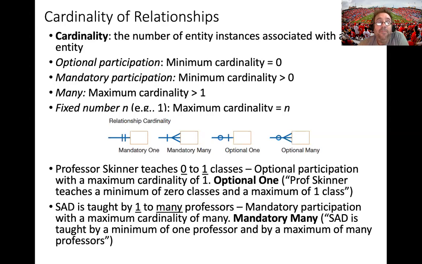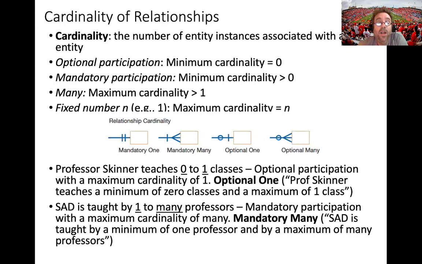A many is where the maximum cardinality is more than 1. And we can also have a fixed number as well. So a maximum cardinality of, let's say, fixed number n, the maximum cardinality is n. So you remember, we have our crow's foot notation. A mandatory one, where we have a minimum of 1 and a maximum of 1, we're talking about 1, okay?